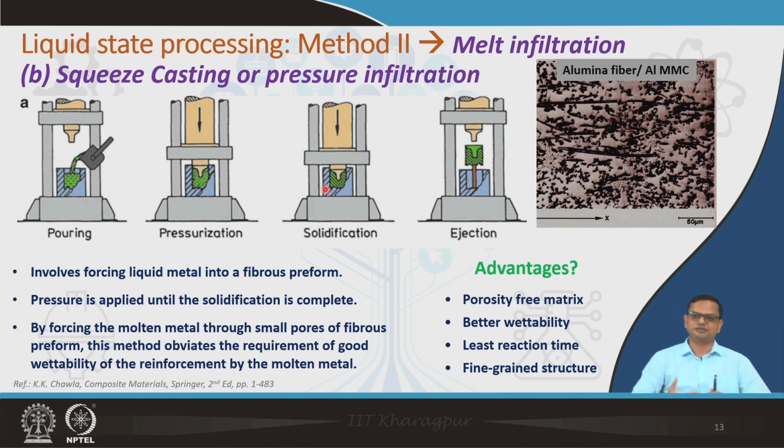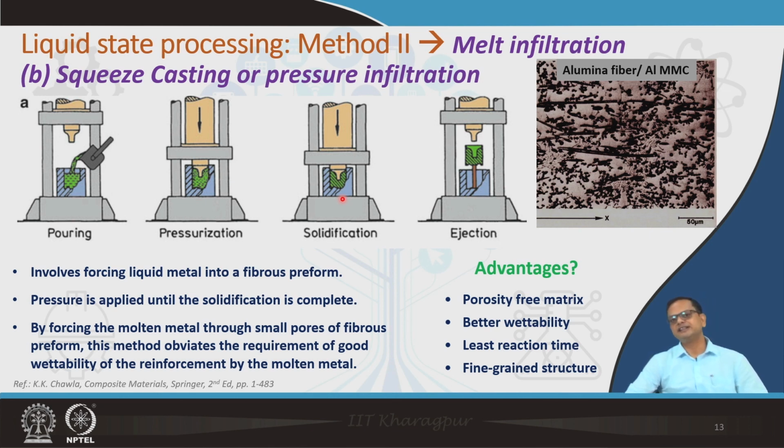The whole process takes place in less time, and the whole melt is surrounded by heavy blocks of metal. So the heat removal is quite efficient and fast here, and that leads to a fine grained structure.